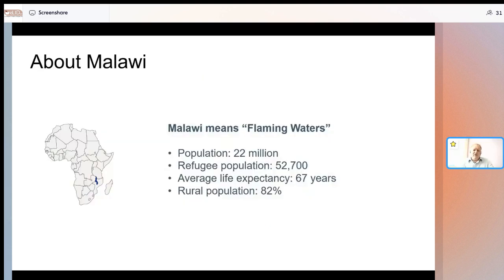The final one I wanted to talk about briefly was Malawi. This is my only slide with this one because this is a piece of work that's still in its infancy. I'm doing this as voluntary work in my spare time, but I'm working with the Ministry of Health in Malawi to look at how we implement quality improvement e-learning for their health workforce. They're really keen to improve the outcomes, whether people survive or the quality of life that they have.